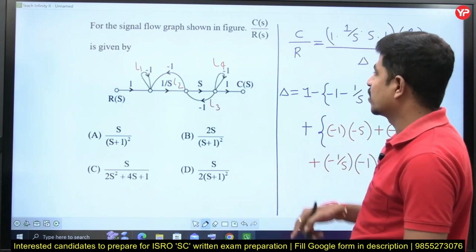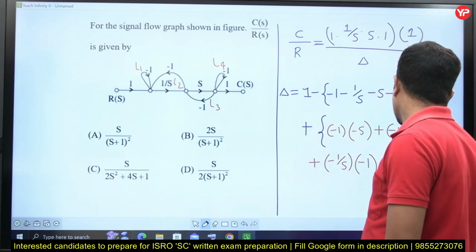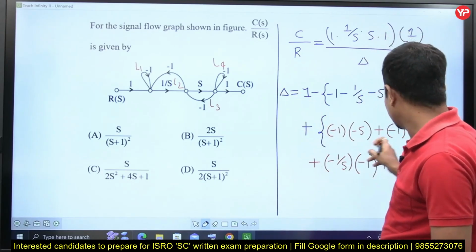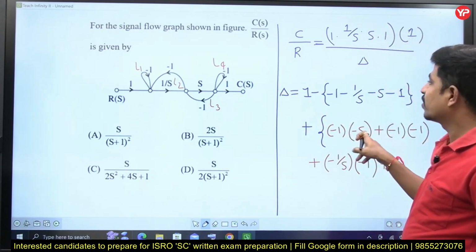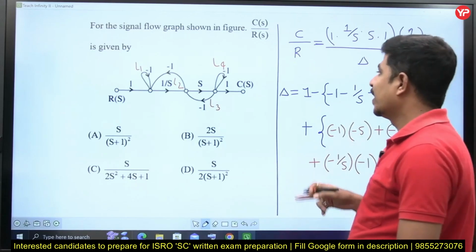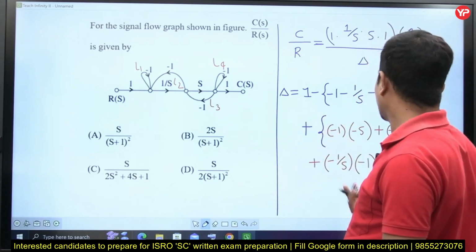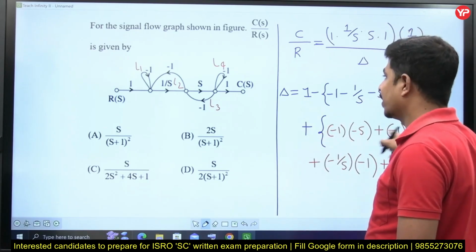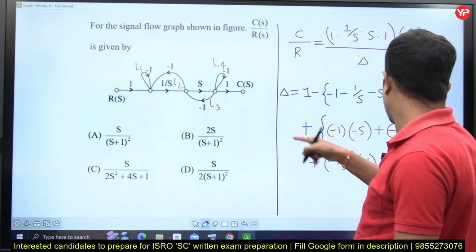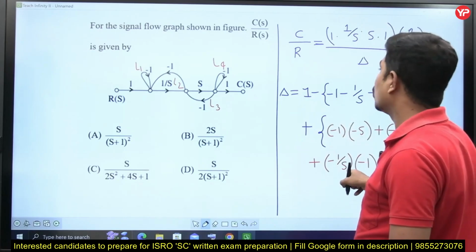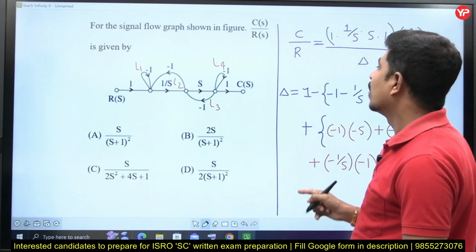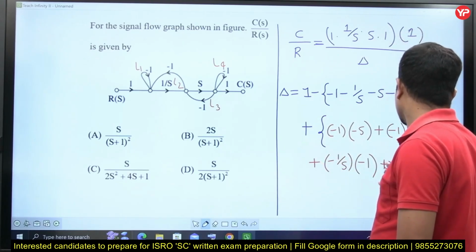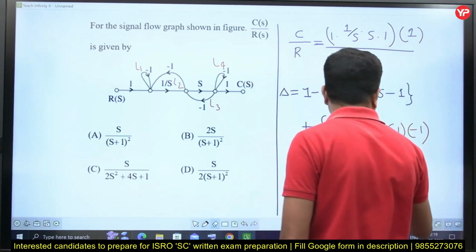That is a possible combination. Now start with L3. L3 with L1 already taken, L3 with L2 is touching, L3 with L4 is touching. Take L4. L4 with L1 and L2 already taken, L4 with L3 touching. So this is only up to here.